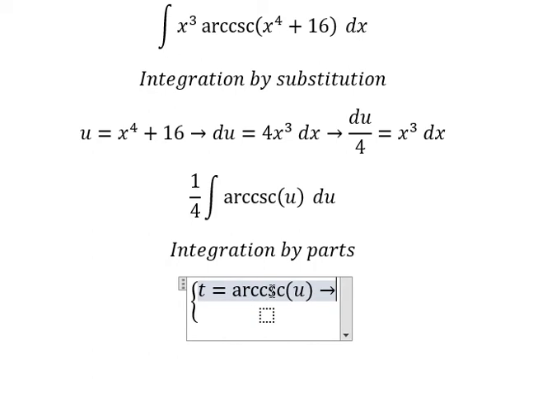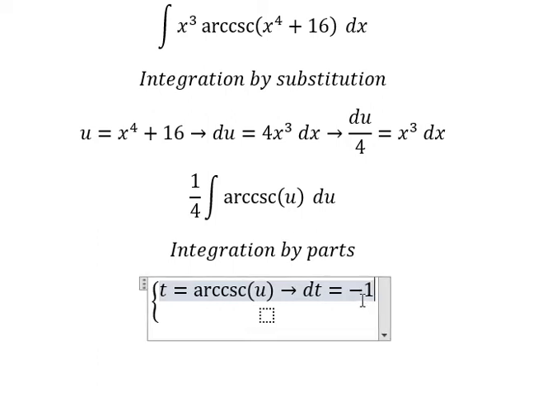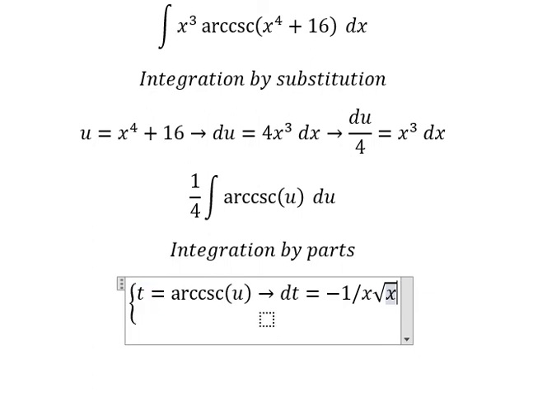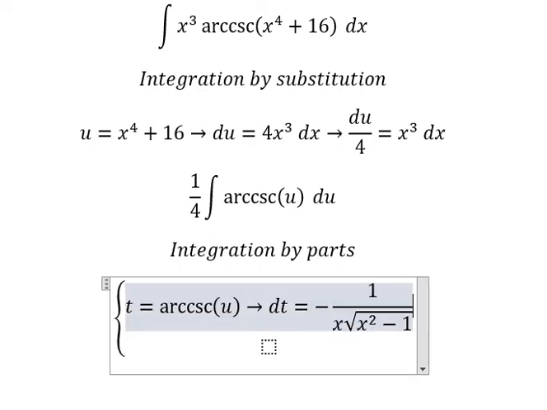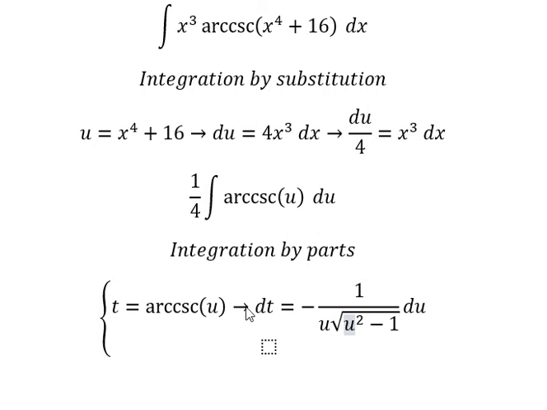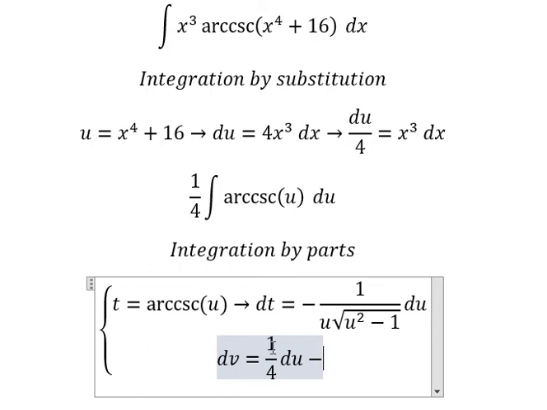We first take the derivative of this one, and you get negative 1 over u multiplied by the square root of u squared minus 1 du. This is u, not s. Then we have dv, that's 1 over 4 du. The integration of this one, you get v equal to 1 over 4 u.